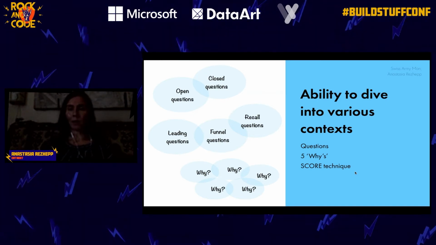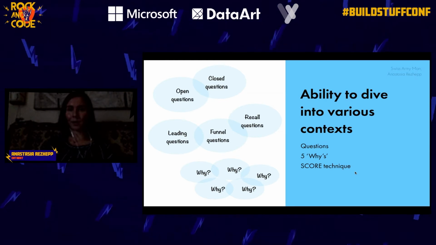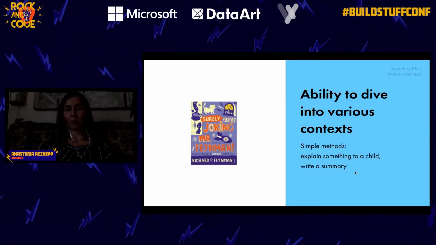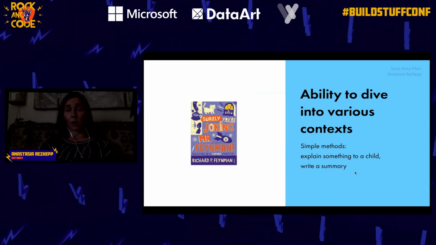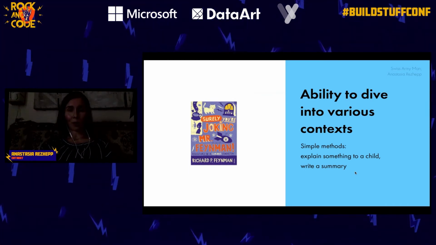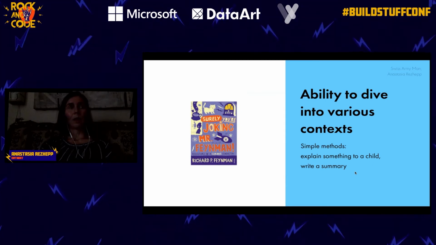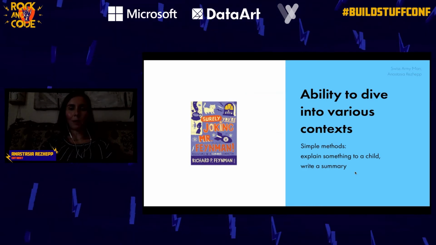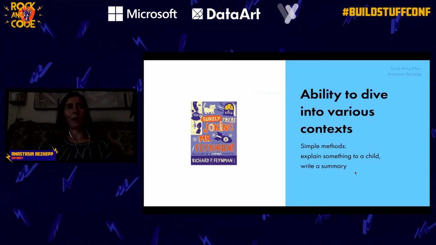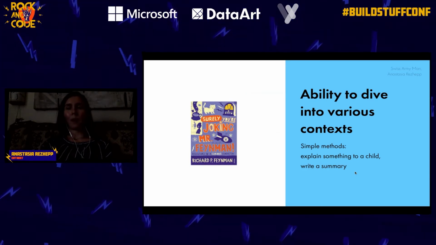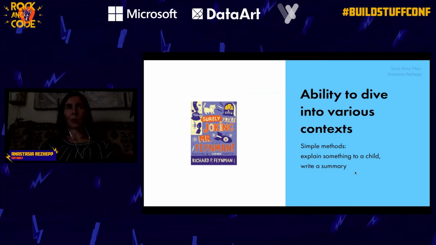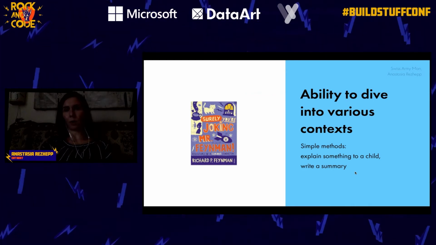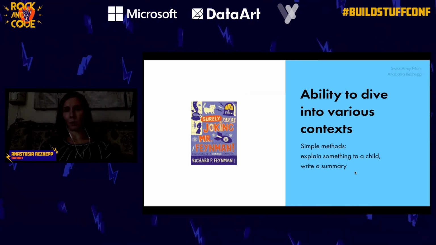So it's really great if you master those techniques. And the book which I want to recommend here is Surely You're Joking, Mr. Feynman. You all probably know Richard Feynman, a famous physicist and Nobel Prize winner, but he is also famous for his ability to dive into different new domains and new things.